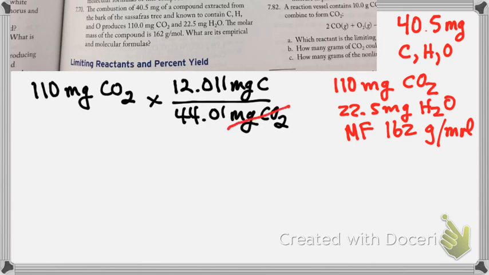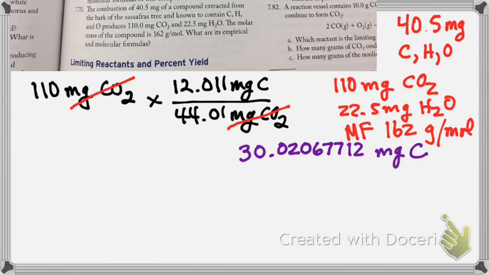The milligrams of CO2 cancels, and when I use my calculator, I can simplify this expression. And when I simplify this, I find that I have 30.02067712 milligrams of carbon.